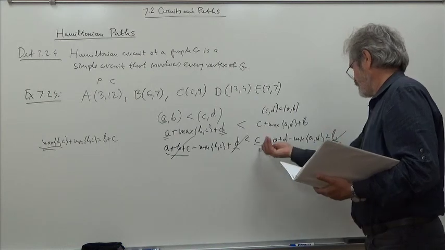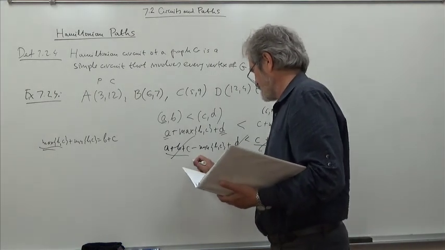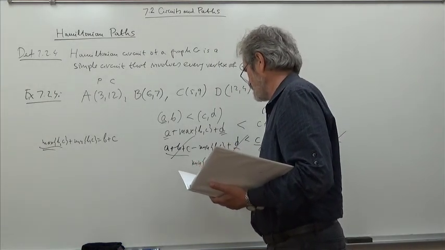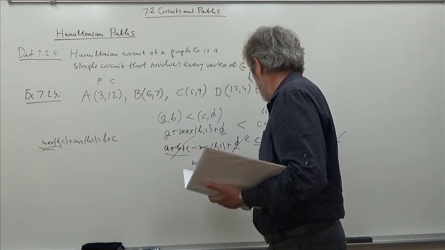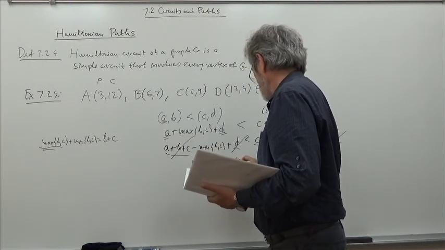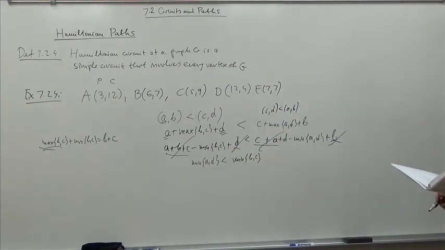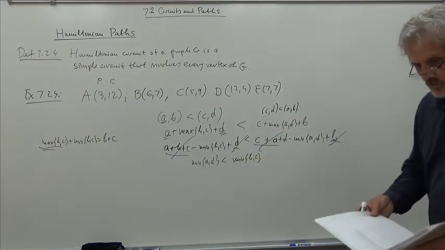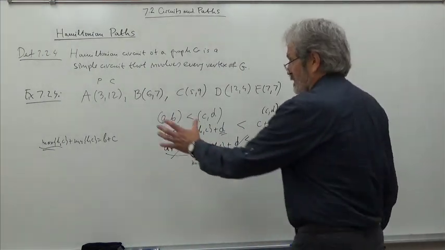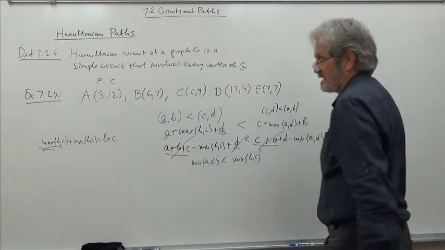And then if we get the minimum on the left side, we get the following criterion: the minimum of AD is less than the minimum of BC. So generally, you order them in such a way that the minimum outside is less than the minimum inside.